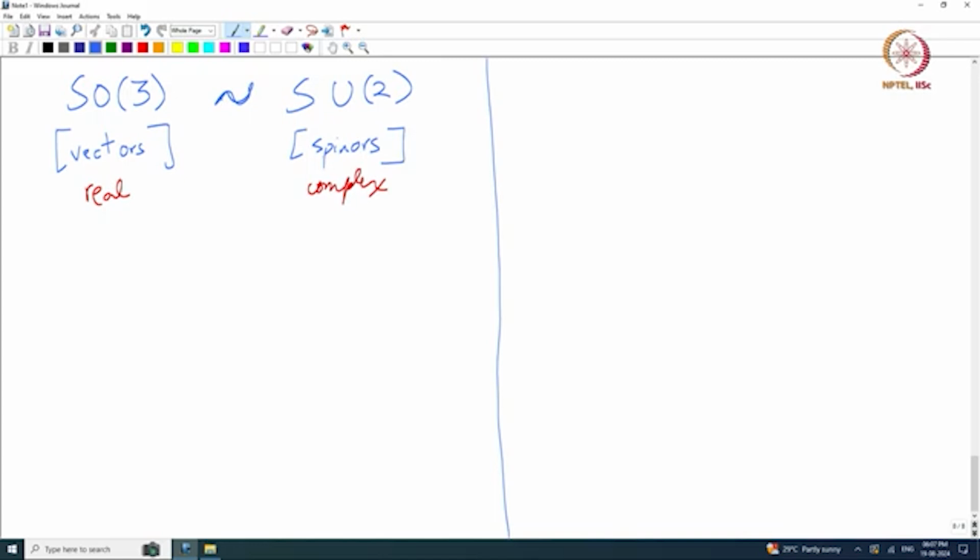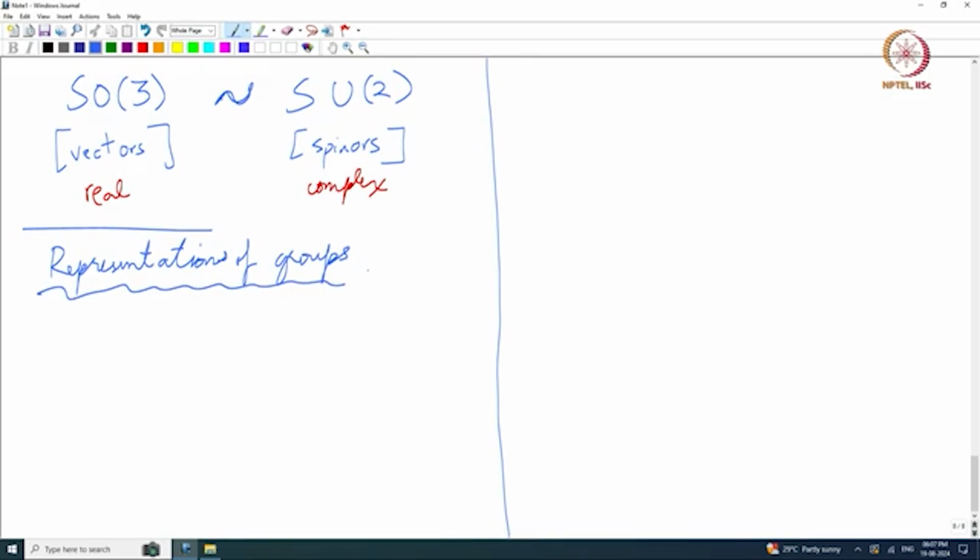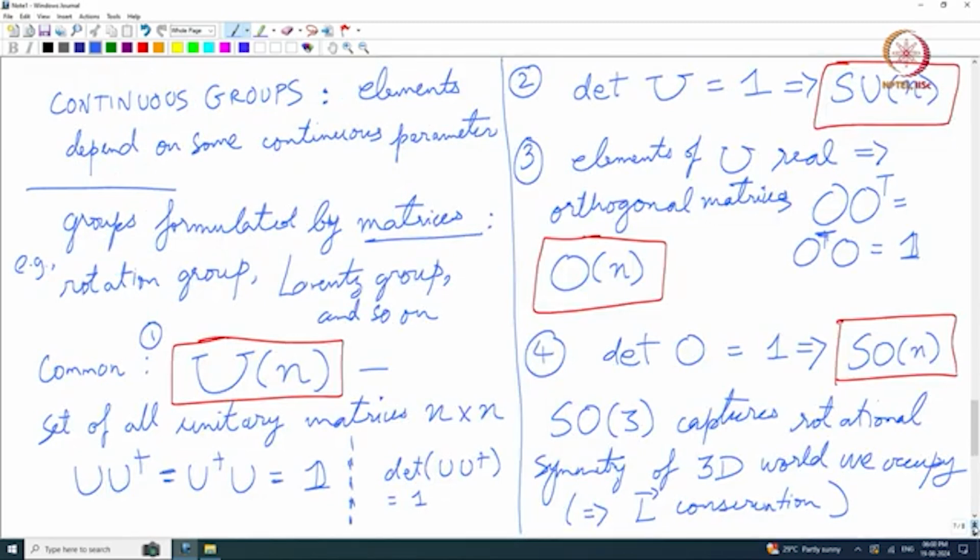So, in the last couple of minutes or so, let me introduce you to the notion of representations of groups. Okay. What I am trying to say here is that these groups can exist in their own abstract space. Okay.